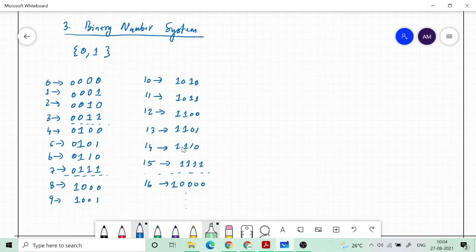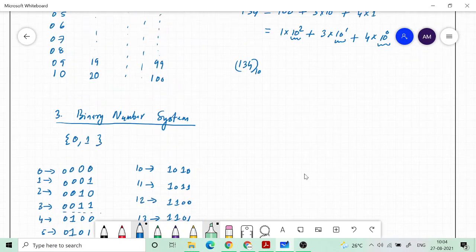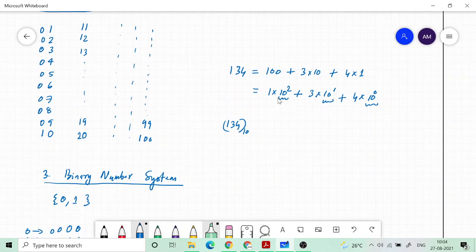Just like I told you earlier, if a random number is given and you want to check which number it is in the decimal system, you can do as we did before. Earlier there were 10 possibilities, so the place values were in powers of 10.